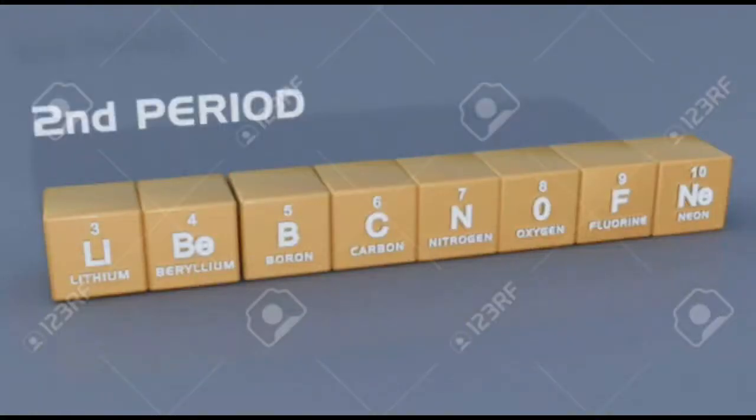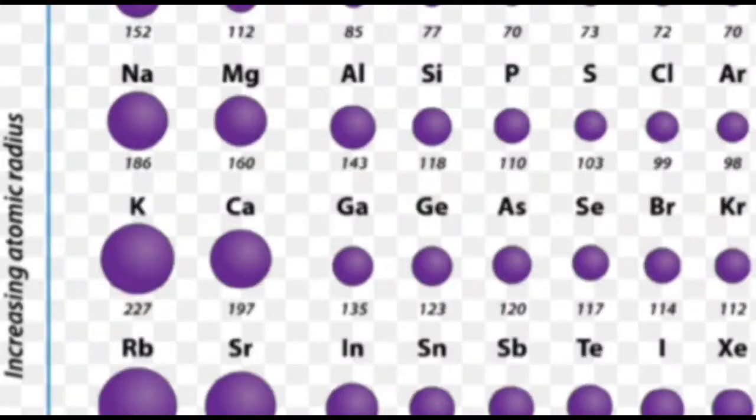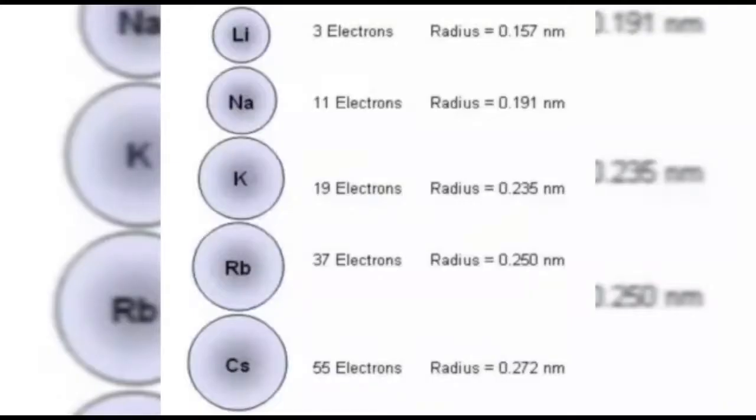This is due to an increase in nuclear charge, which tends to pull the electrons closer to the nucleus and reduce the size of the atom. This shows that atomic radii decrease as we move along the period, and it increases when we move down a group. This increases the distance between the outermost electrons and the nucleus, so that the atomic size increases in spite of the increase in nuclear charge.